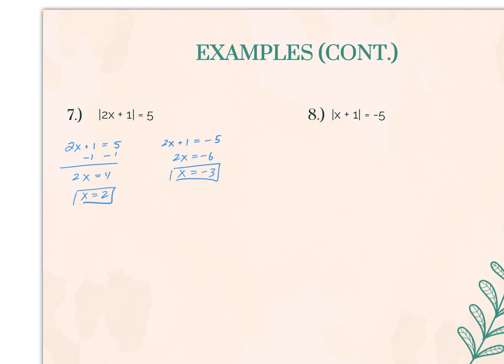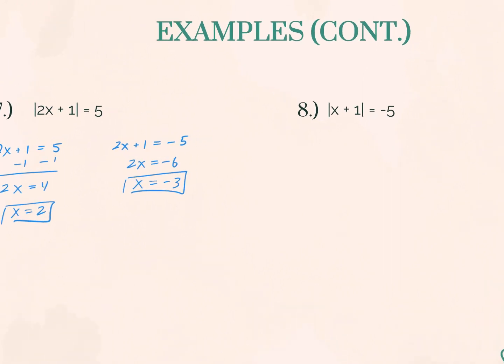We go to the next one, and we see here again the absolute value bars are isolated. Everything else is on the other side as it should be, and so we're like, okay, whatever's in here has to equal negative 5. Well, wait, right? Does the absolute value of anything ever equal negative 5?